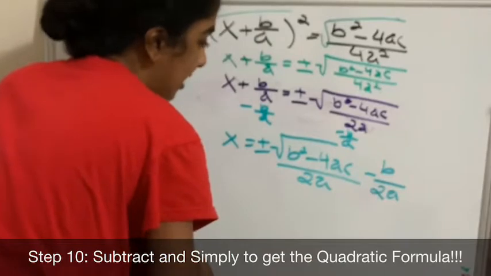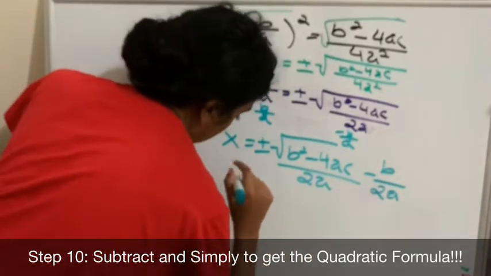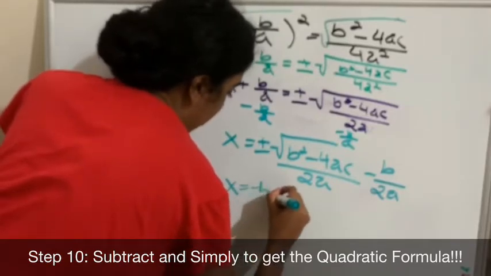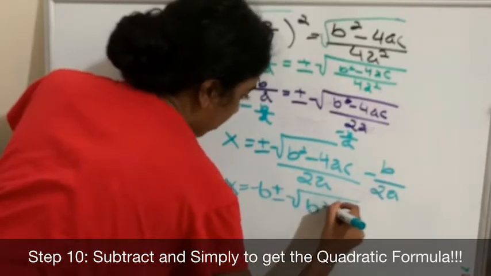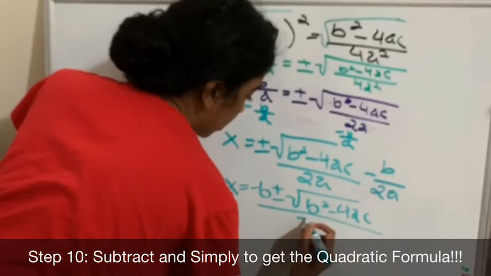So now our last step is to just simplify. So our final result, which is the quadratic formula, is x equals negative b plus or minus the square root of b squared minus 4ac all over 2a.